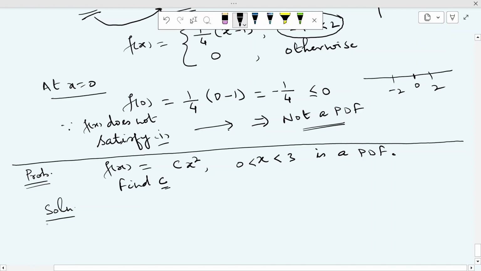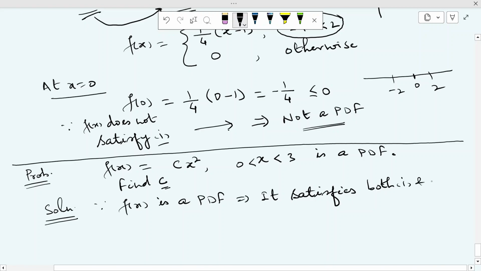Okay. So since f(x) is a PDF, this implies it satisfies both 1 and 2.